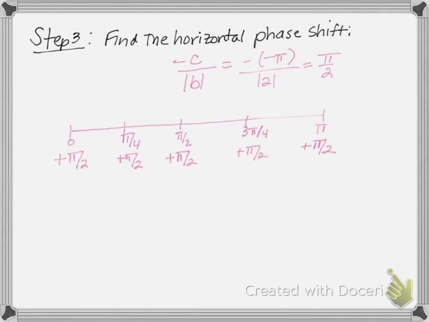So create another number line. Instead of starting at 0, we're going to shift over pi over 2 units.